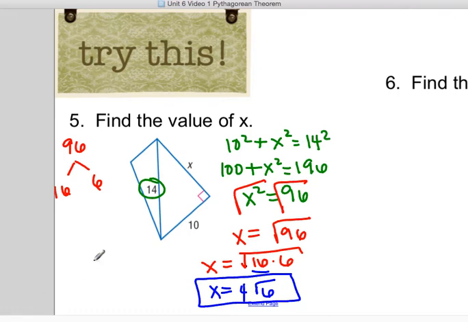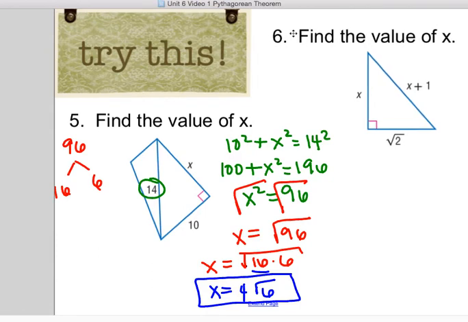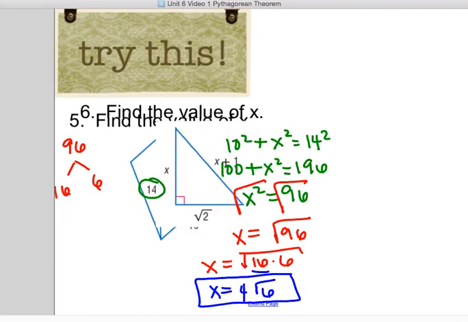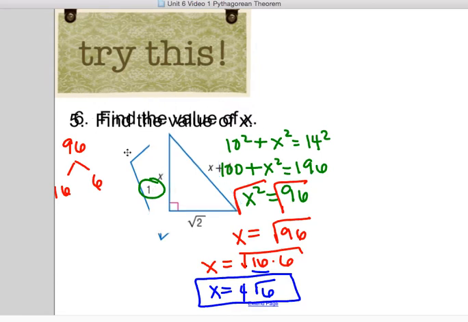Number 6, I'm going to go ahead and find the value of this one. Let's go ahead and move this one to another page so we don't run out of room. This one has more than one x going on in it.